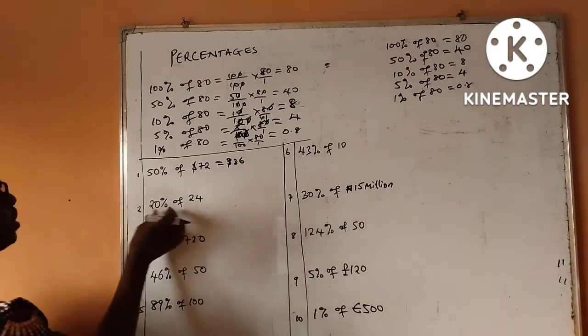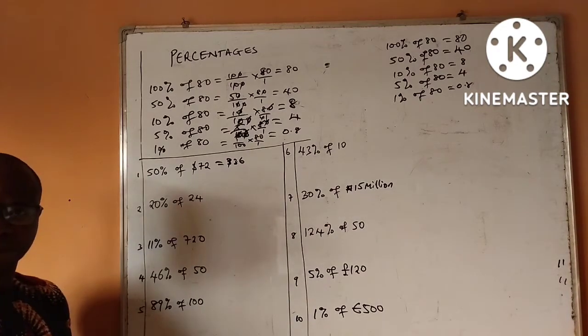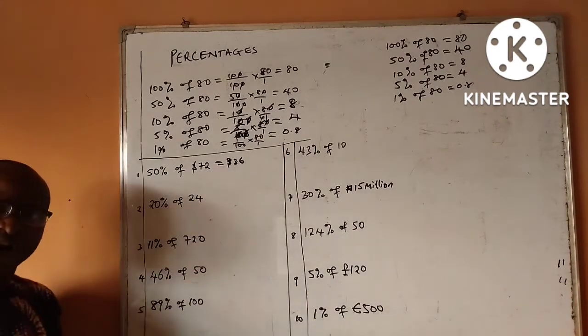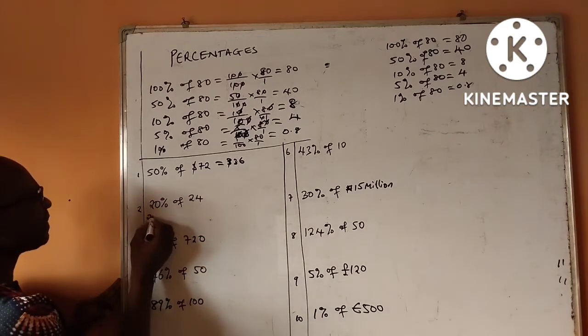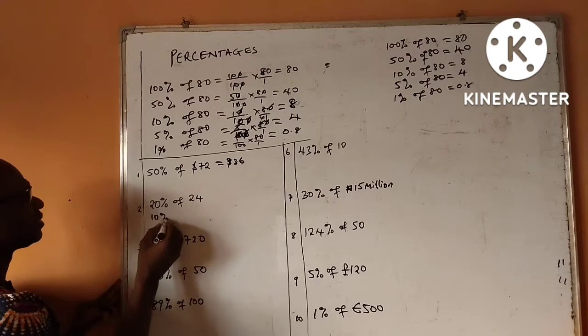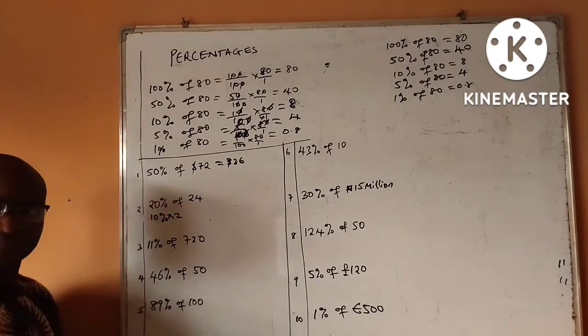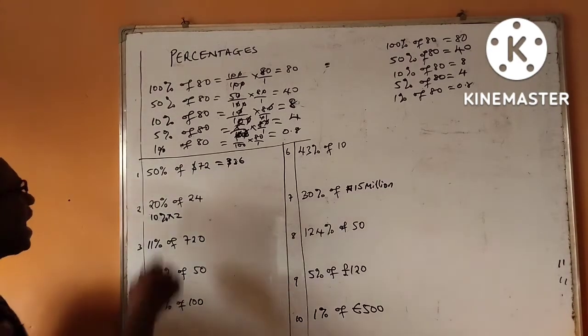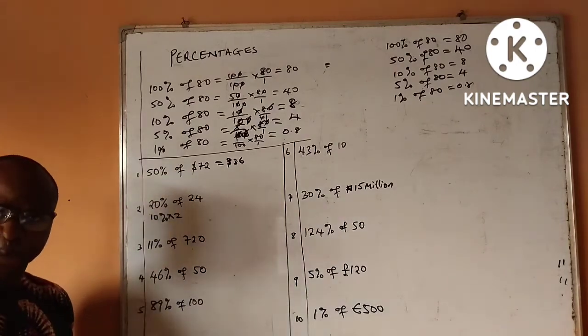Then 20% of 24. 20% is the same thing as saying 10% times 2. Okay? Now, I come to 24 and find 10% of 24.